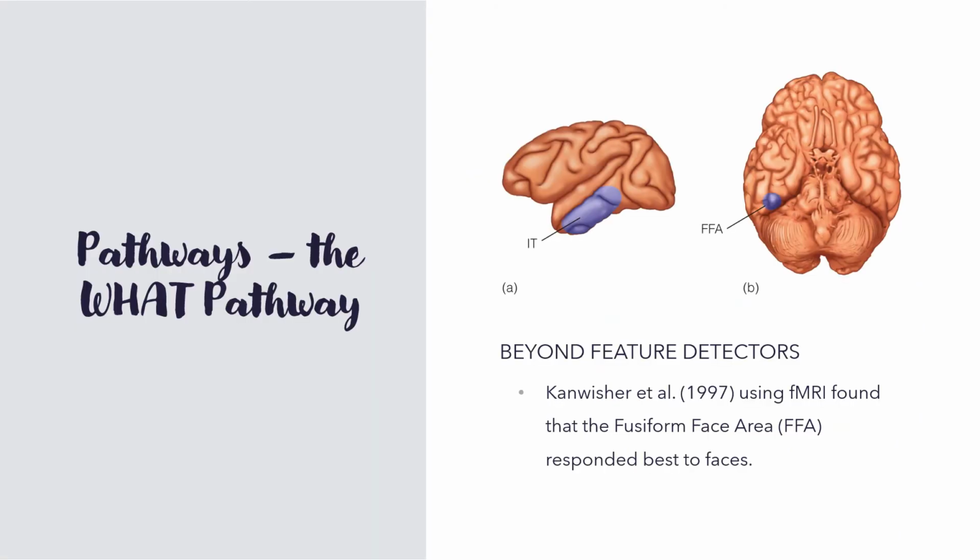And then also in 1997, Nancy Kanwisher and her colleagues, using fMRI, found the fusiform face area in humans. And you can see in this picture that the inferotemporal cortex, that area that we're talking about in the monkeys, is pretty large. And for humans, when we're talking about the fusiform face area specifically, that is this small area.